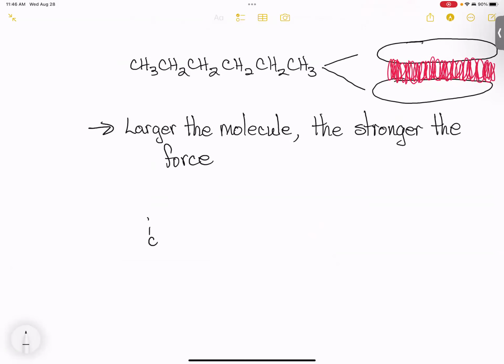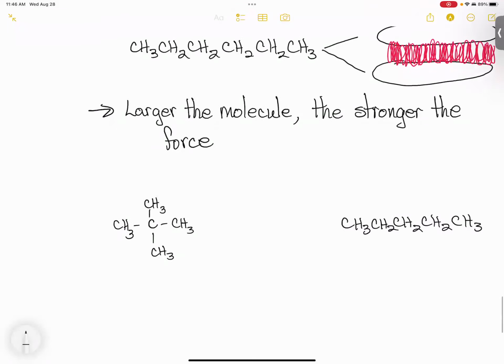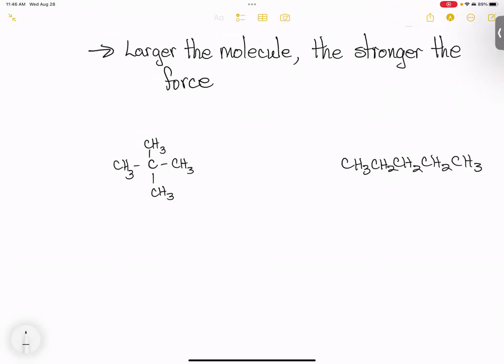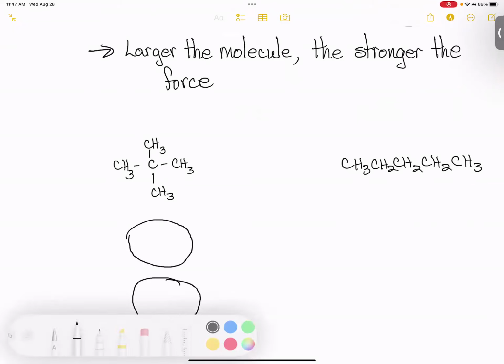If I have this molecule compared to this molecule, and I were to think about it from just a globular shape, the first molecule is going to have fewer areas where it can interact with one another.